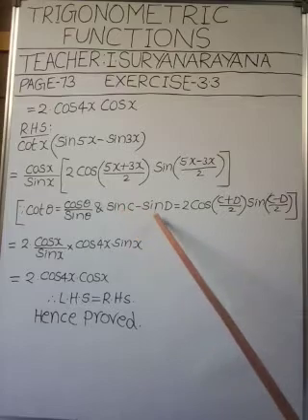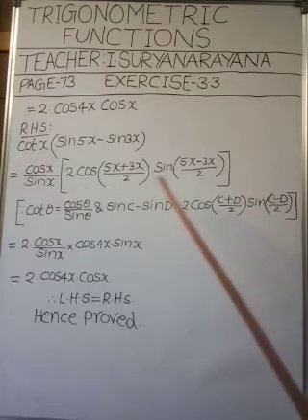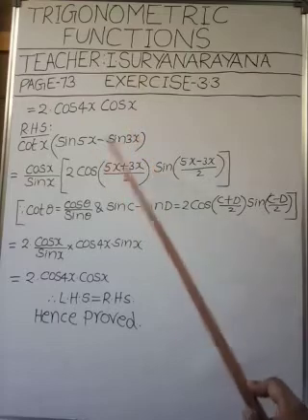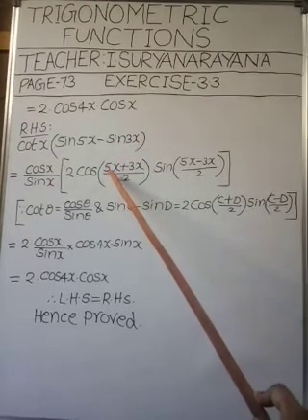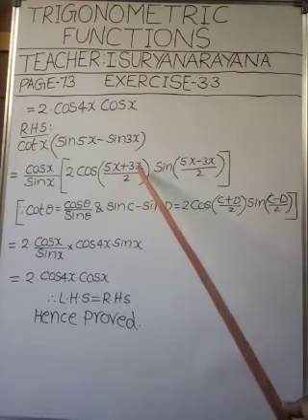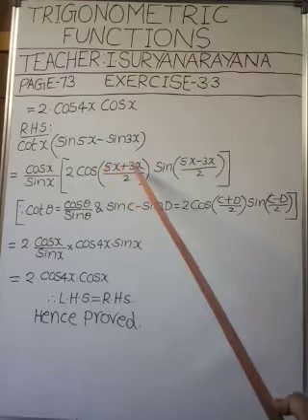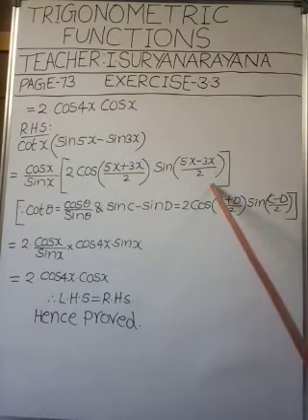Right, sin c minus sin d is equal to 2 cos c plus d by 2 sin c minus d by 2, where c means 5x and d means 3x. Okay, my children. So in this formula, we substitute c is equal to 5x and d is equal to 3x. Then we can write 2 cos 5x plus 3x by 2 into sin 5x minus 3x by 2.